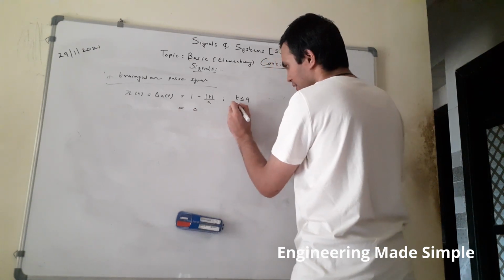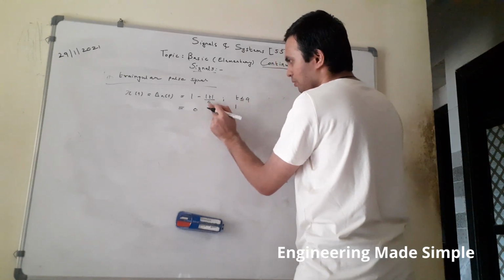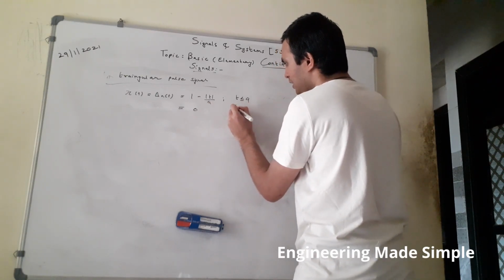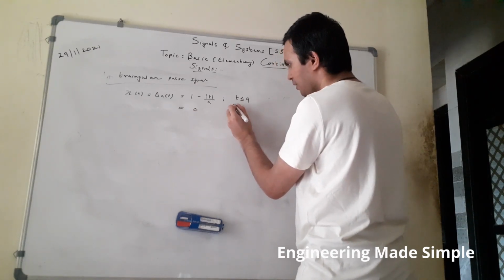So for modulus t less than or equal to a, it is 1 minus modulus t by a, and for modulus t greater than a, its value is 0.